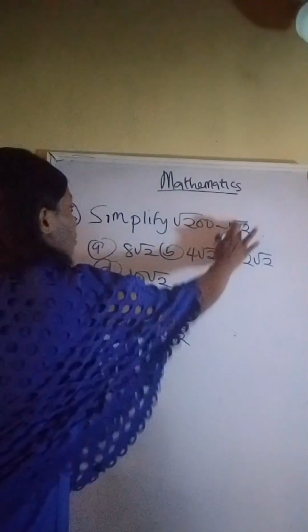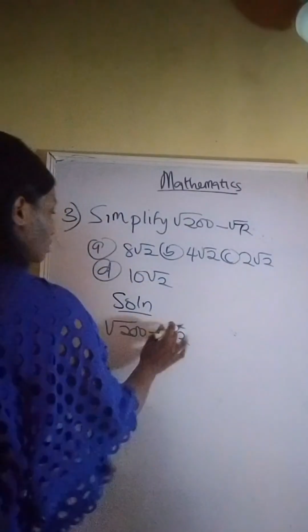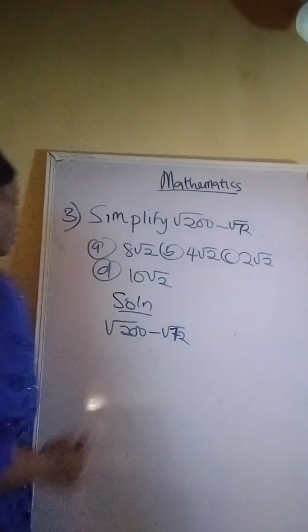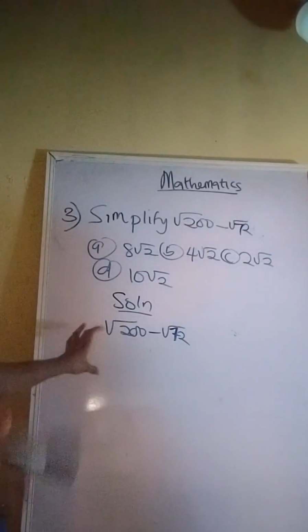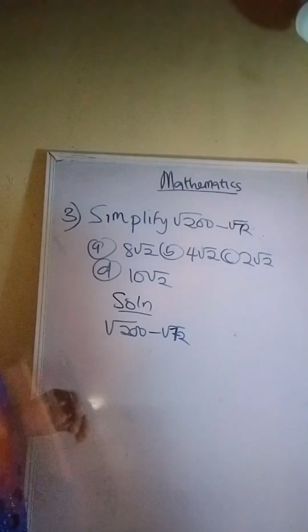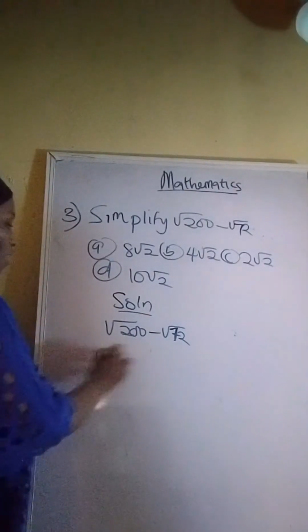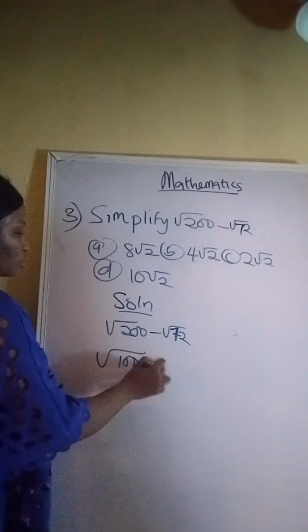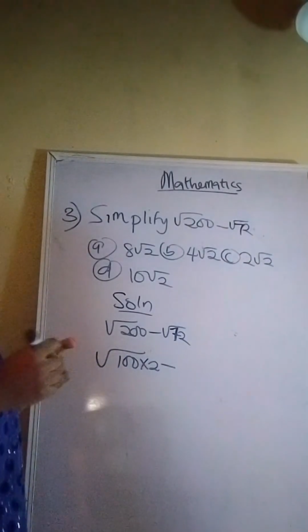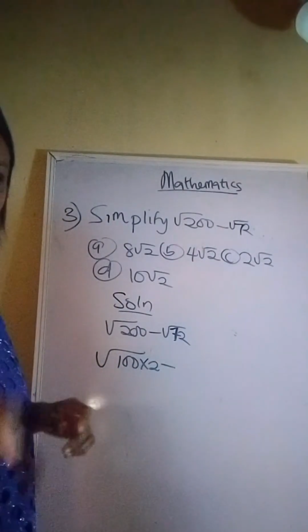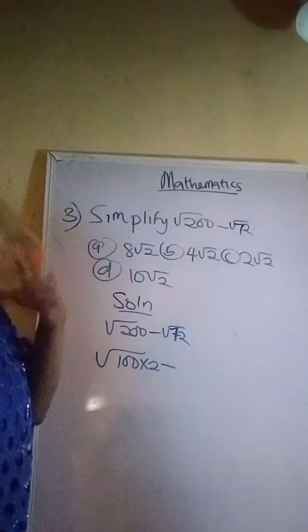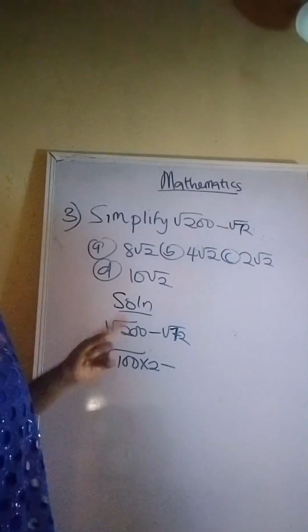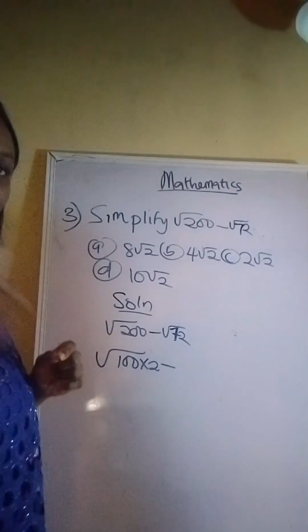Now let's solve it. Root 72. To get 200, one perfect square, that's 100 times 2, minus. So now we have 72. There's a pair of numbers that when you multiply, you get 72, and one of them is also a perfect square.